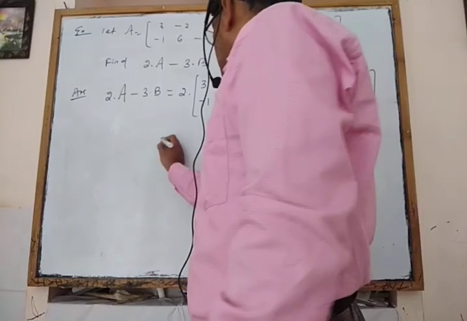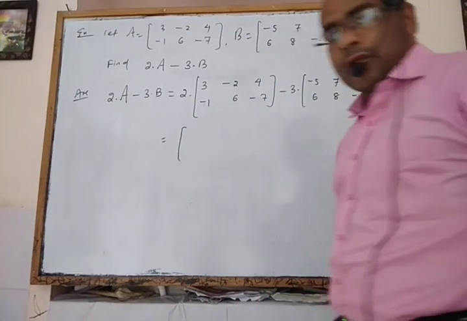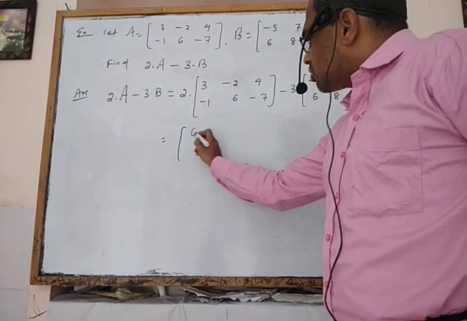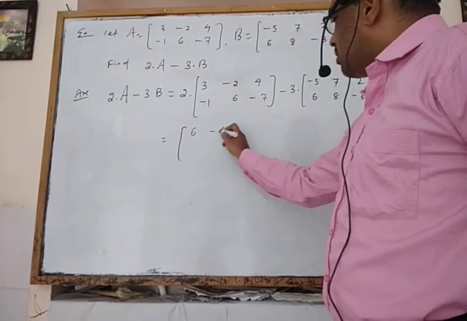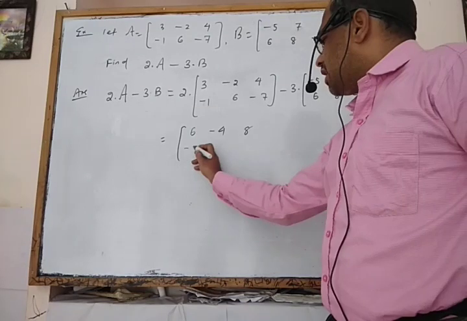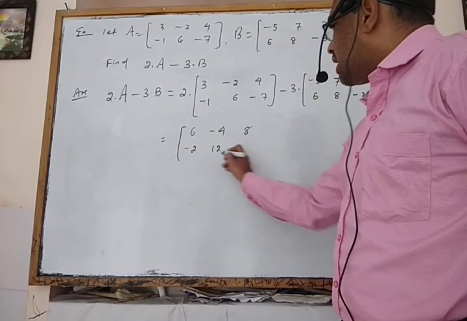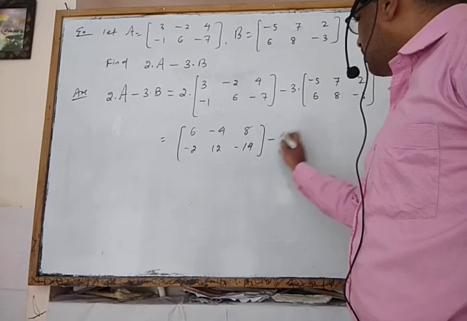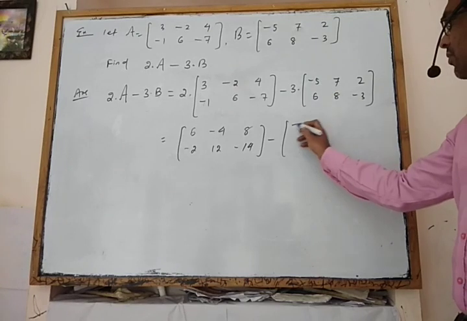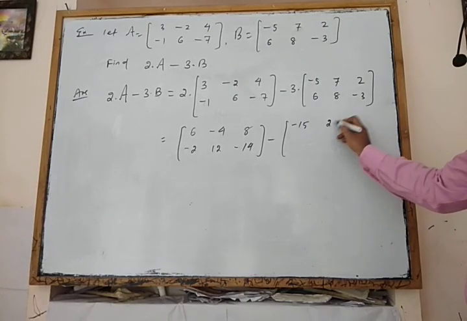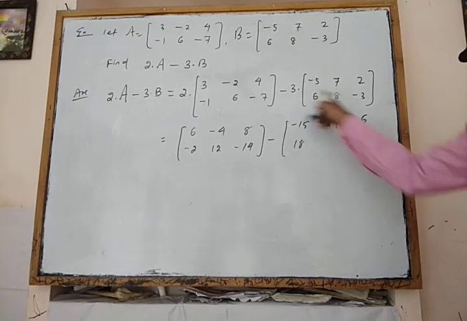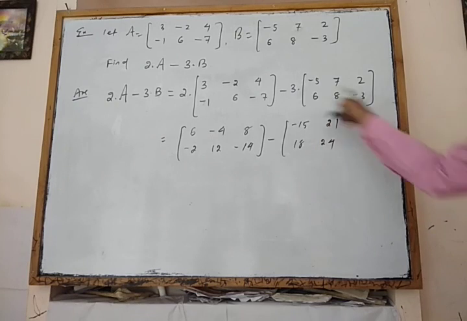First multiply by 2, multiplying every element: 2 into 3 is 6, 2 into minus 2 is minus 4, 2 into 4 is 8, 2 into minus 1 is minus 2, 2 into 6 is 12, minus 14. Then multiply by 3: 3 into minus 5 is minus 15, 21, 6, 3 into 6 is 18, 3 into 8 is 24, 3 into minus 3 is minus 9.